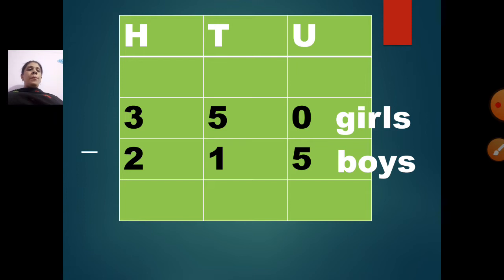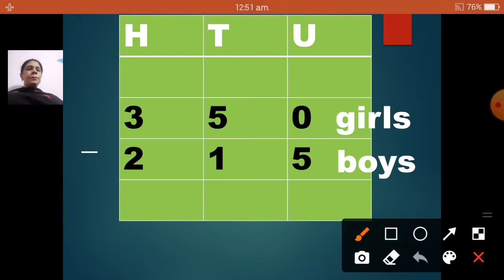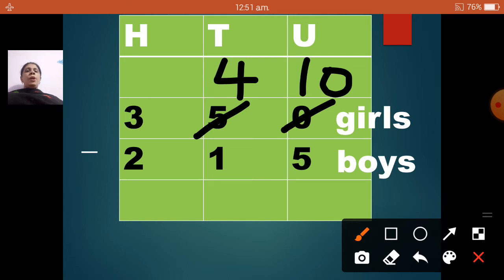So now we will subtract. Now 0 minus 5, will it be possible? No. What we will do, we will make this 0 as 10. And from where did I get this one? I borrowed from 5. 5 will become 4. So 10 minus 5, 6, 7, 8, 9 and 10.